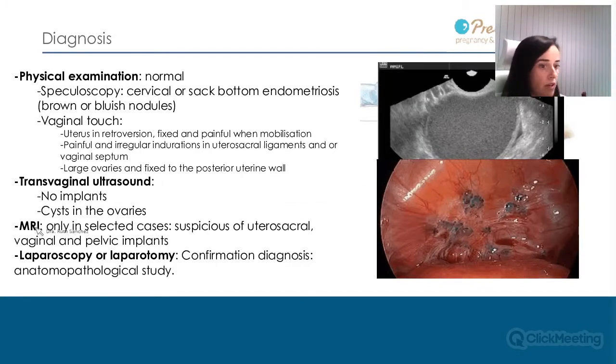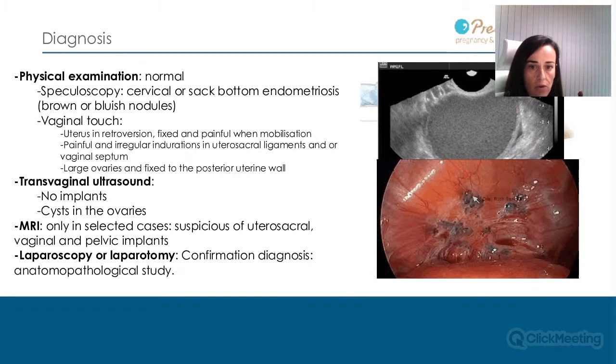Magnetic resonance imaging we can do only in selected cases, not for routine. We can ask for this technique when we have a suspicion of uterosacral or vaginal or pelvic implants, and we cannot see it with other techniques. And the laparoscopy or laparotomy give us the confirmation diagnosis because they allow us to see the cavity and to see the implants, like you see in this image.